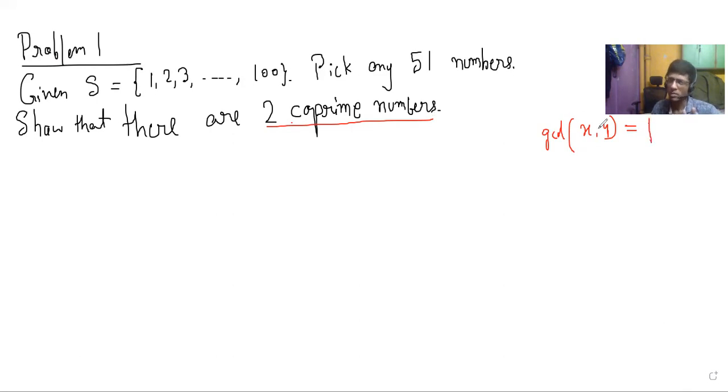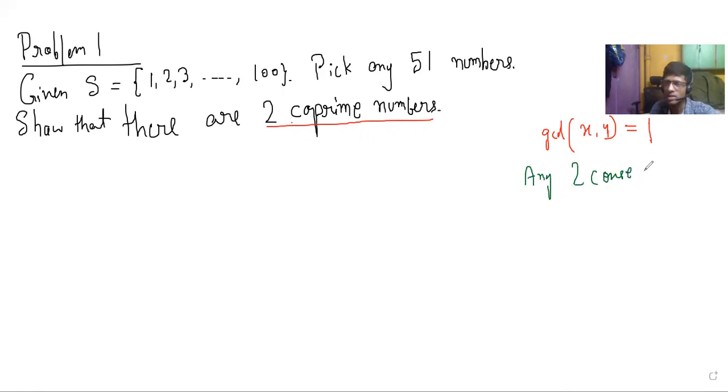So X and Y co-prime means that the GCD is 1. Ishan, what you've said is, I feel, slightly incorrect, but let's see. So you are saying that any 2 consecutive numbers are co-prime, which is an obvious statement.